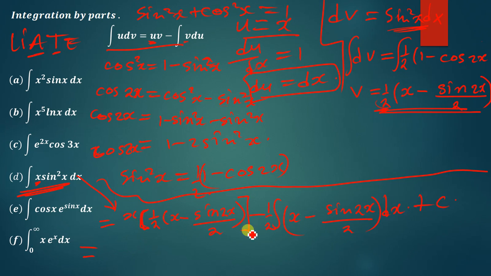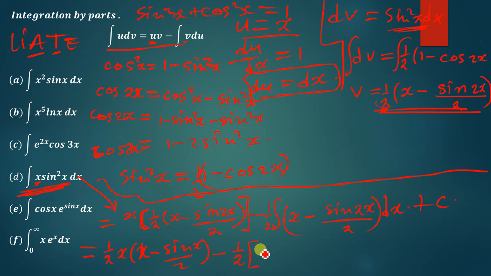It's supposed to be c this side. So the final solution for this expression is going to be 1 over 2x, open brackets, x minus sine 2x over 2, then minus, we can now integrate this, so we have half.